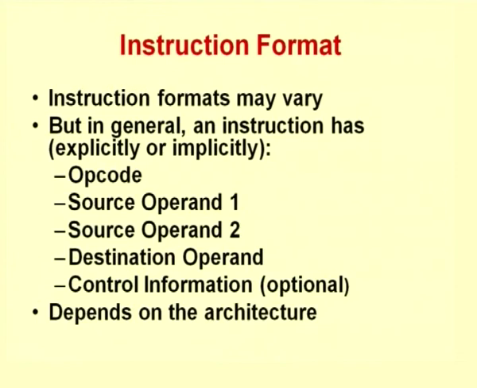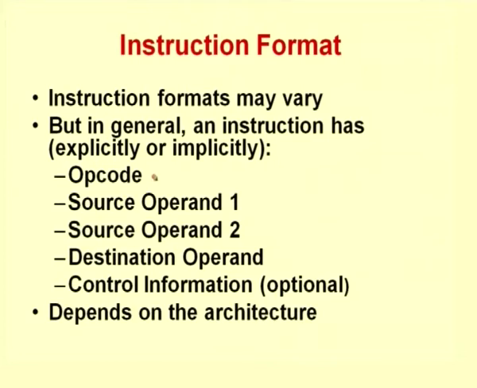So, if you look at instruction formats, again we have seen that instruction formats may vary, but in general an instruction would have the following parameters. Okay. These components of an instruction could be specified either explicitly or implicitly. Explicitly in the sense it would be there directly as part of the instruction, implicitly would mean that it is implied. Some part of this information may be implied and the rest of the information would be specified in an instruction. So, what would you have typically in an instruction?